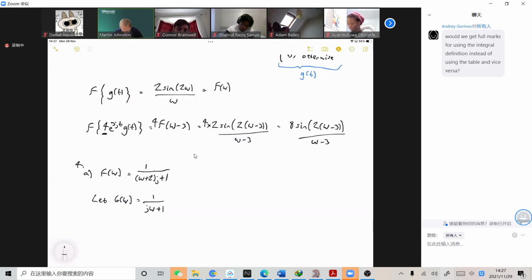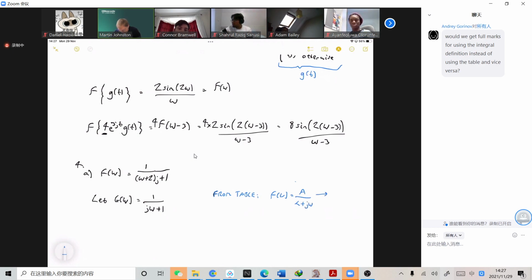So we can see from the table that we've got F of omega equals a over alpha plus j omega.